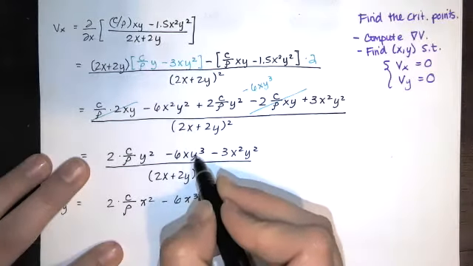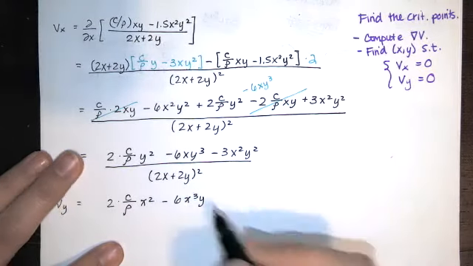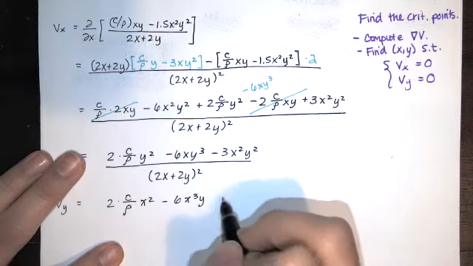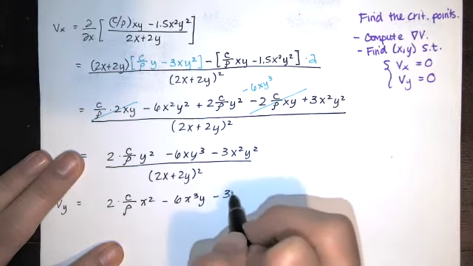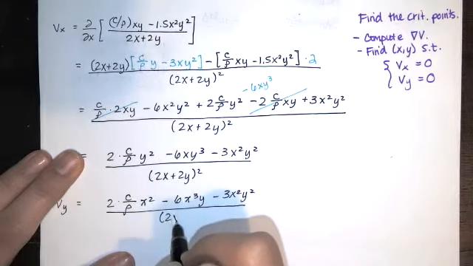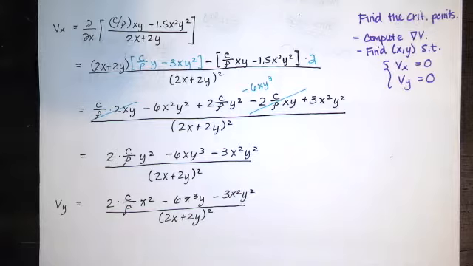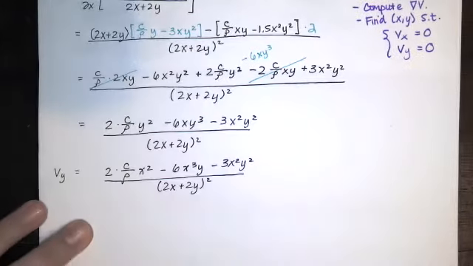I would normally write y x cubed if I was switching x and y, but usually we like to write these expressions alphabetically. Switching x and y again doesn't change anything on that last term. And it doesn't change our denominator either. 2x plus 2y is the same as 2y plus 2x. So we get that. Now both of these have to be 0 at the same time.